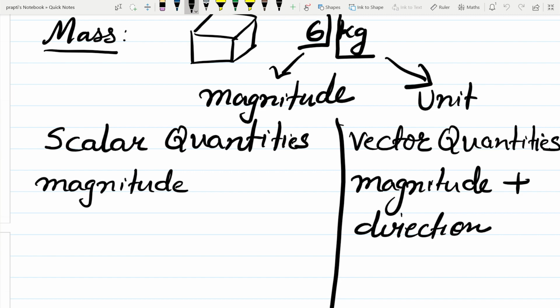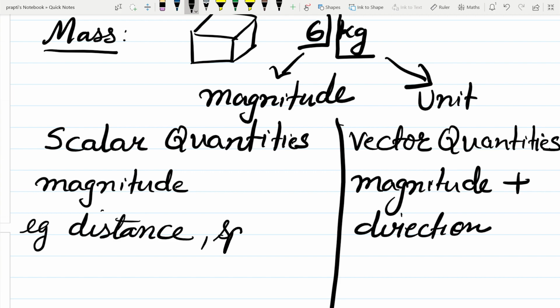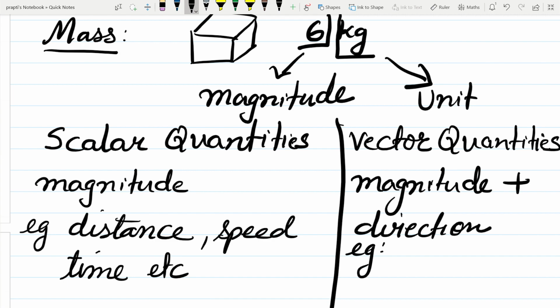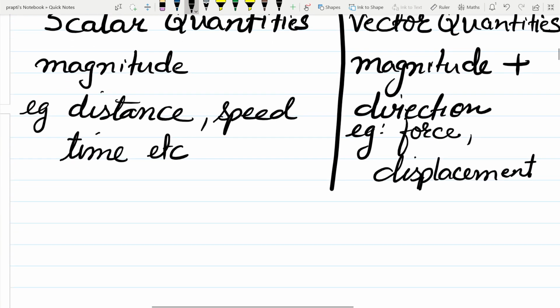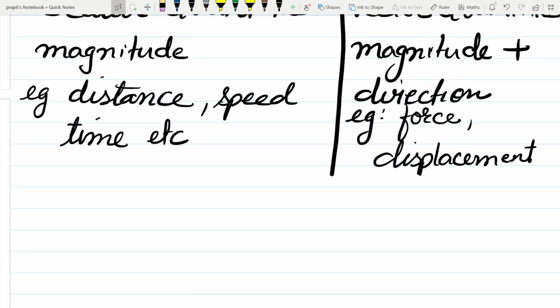We take for example, the scalar quantities are distance, speed, time, etc. Whereas vector quantities are force, displacement, velocity.